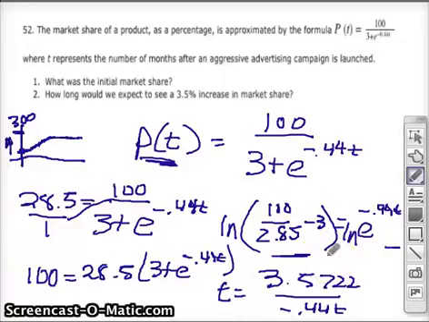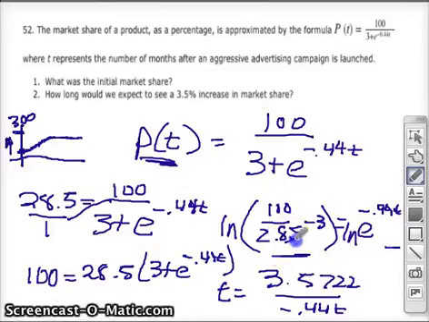Let's see if I got that right. 100 divided by 2.85 is equal to something, minus 3 is equal to something. Let's see. Obviously, I made a mistake. No, oh, it's 28.5.